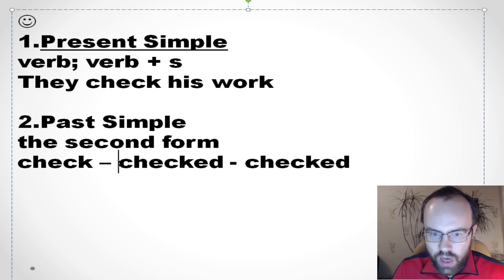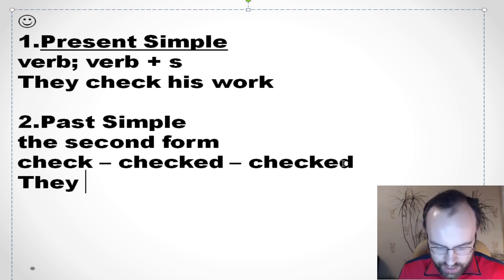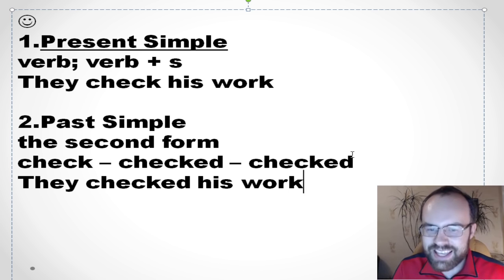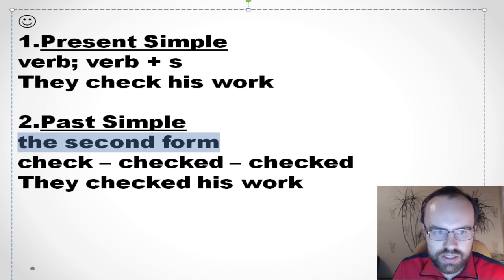So the second form is the same as the third form. So they checked his work. The form is the same for regular verbs. If it's an irregular verb, you need to remember this form. So present simple, past simple, it's easy.